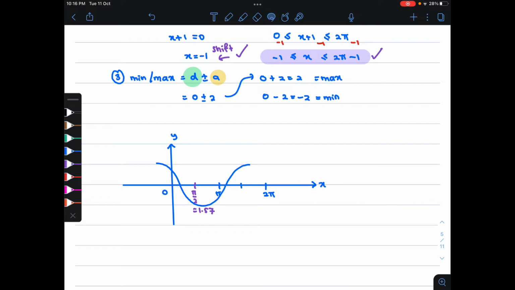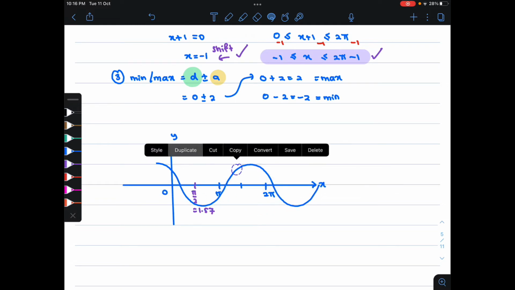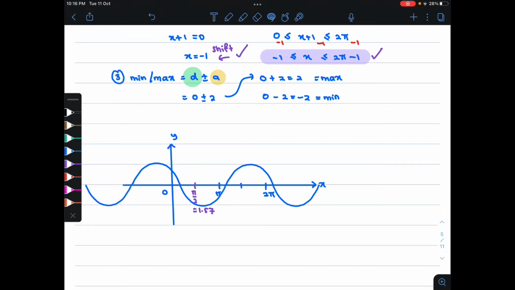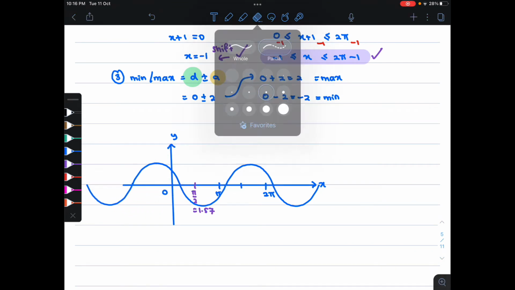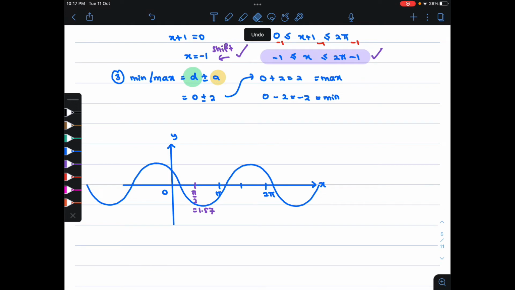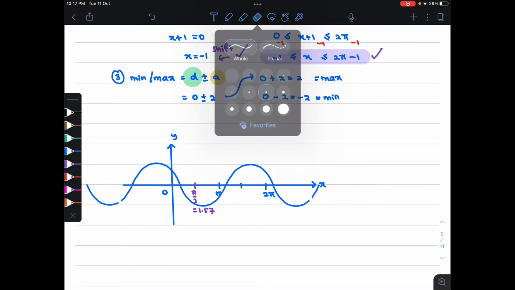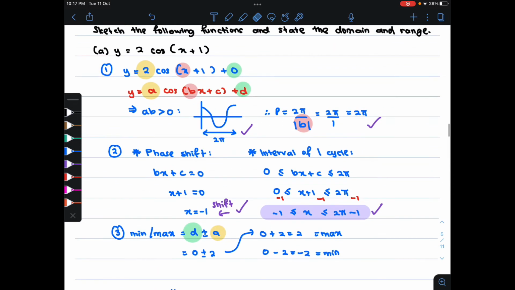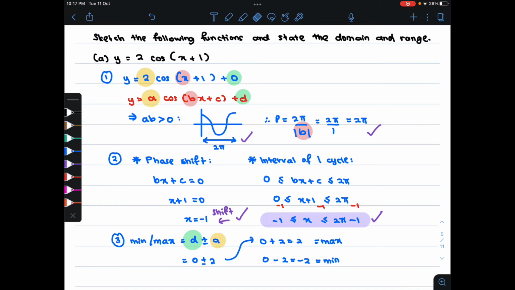So if you want, you can try and just duplicate the graph. Like so.